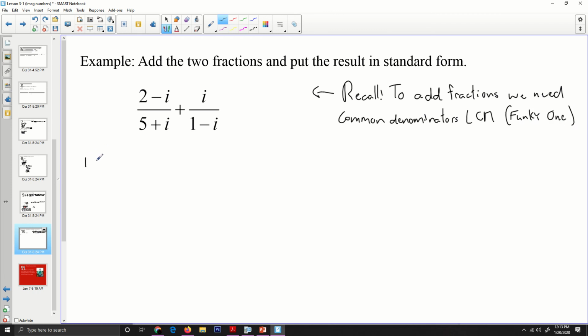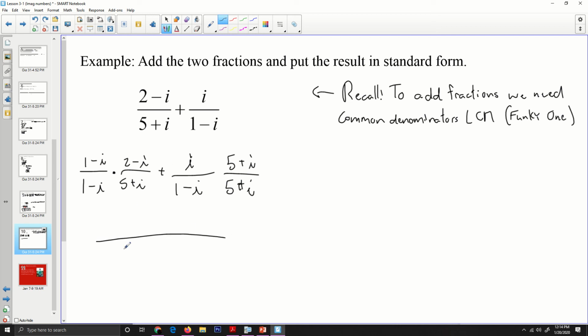So I'm going to go 1 minus i over 1 minus i times 2 minus i over 5 plus i, and then plus i over 1 minus i times 5 plus i over 5 plus i. Now notice, this expression right here is 1, and this expression here is 1, because anything over itself is 1. Notice that I used this value over here to multiply this first fraction, and I used the 5 plus i over here to multiply so that I get a common denominator.